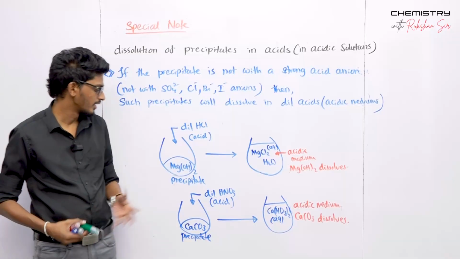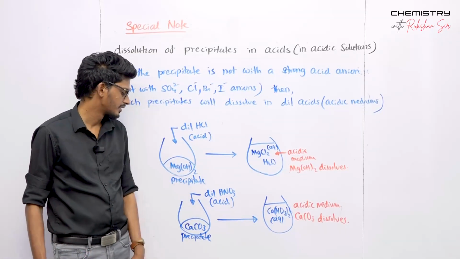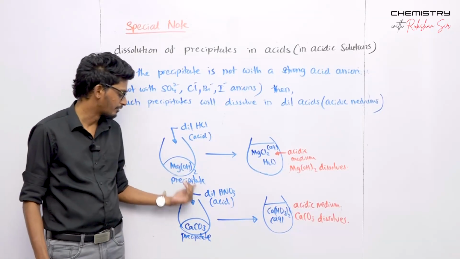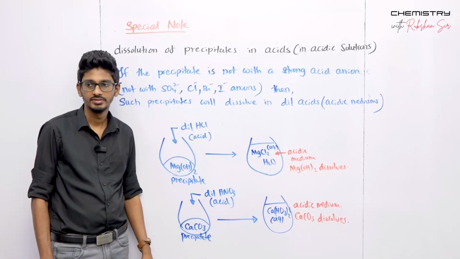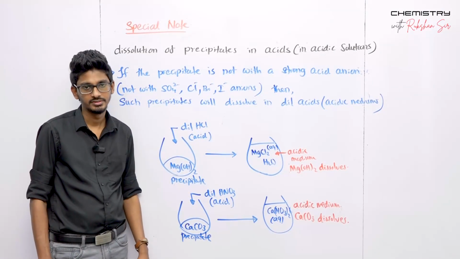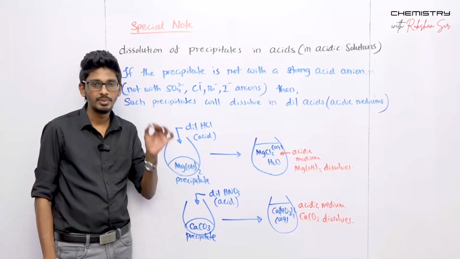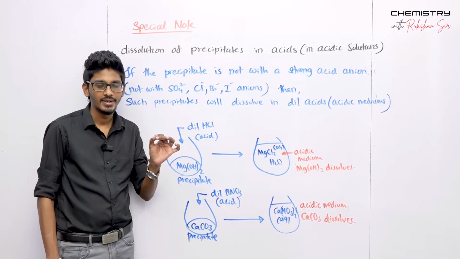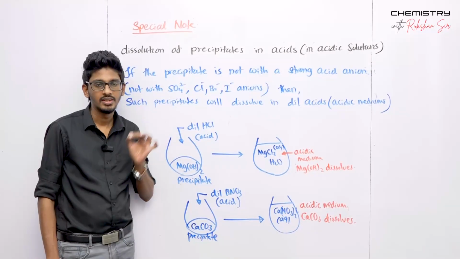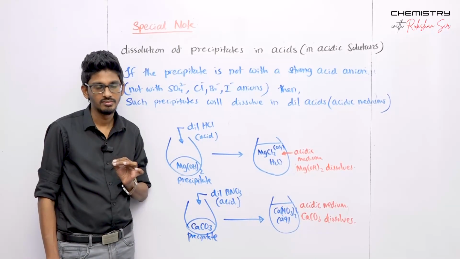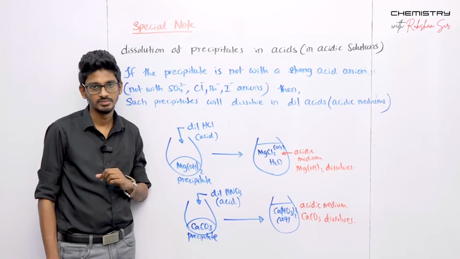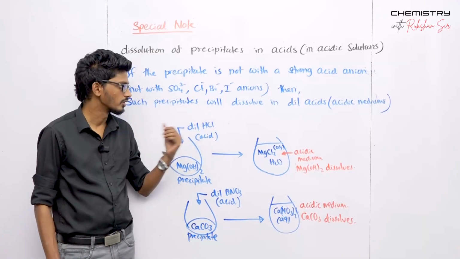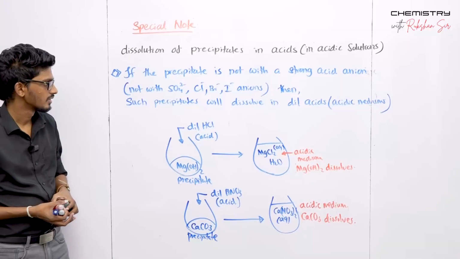All the hydroxides, carbonates, phosphates, sulfides, not the sulfates, sulfides, oxalates, even the chromates, all the precipitates other than the sulfate and halide precipitates will dissolve when you add a dil acid to it, right? This is very important to note.